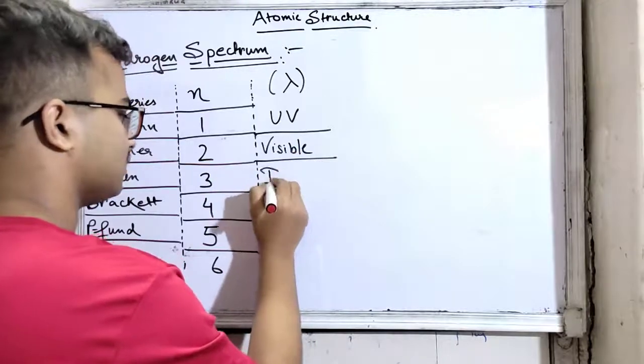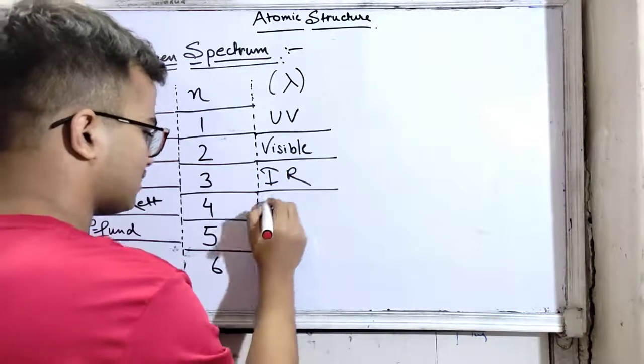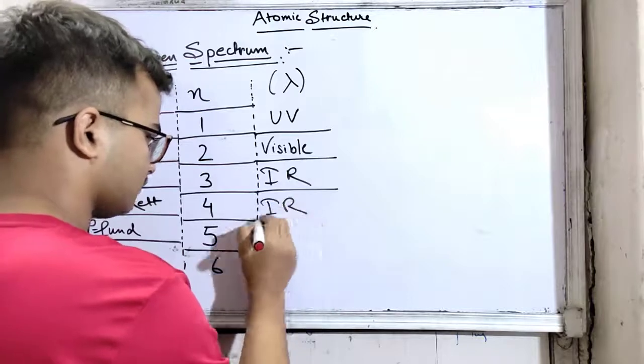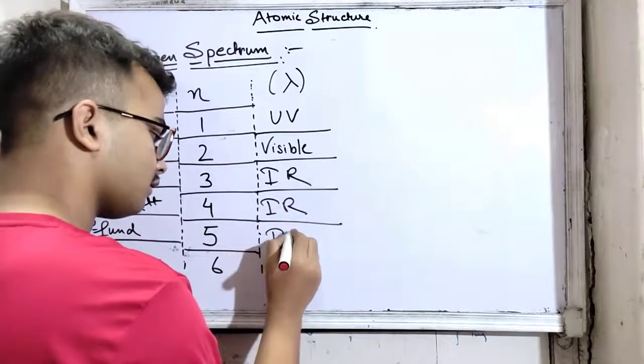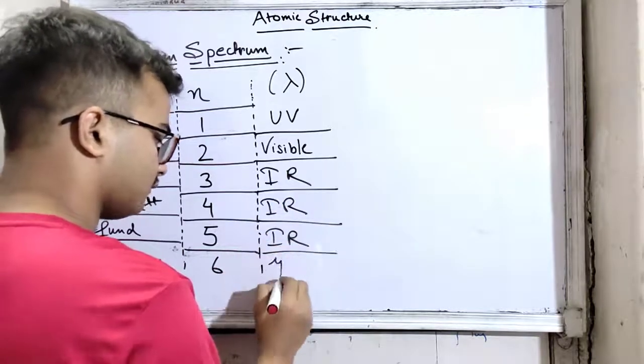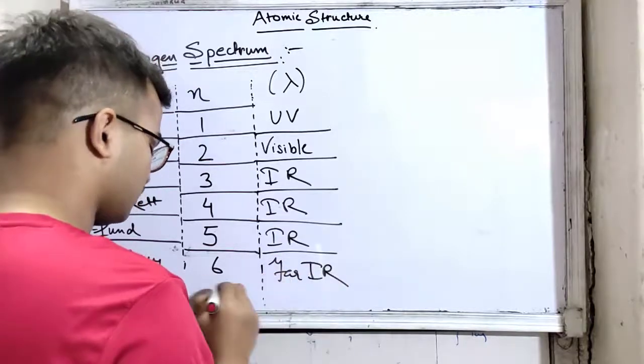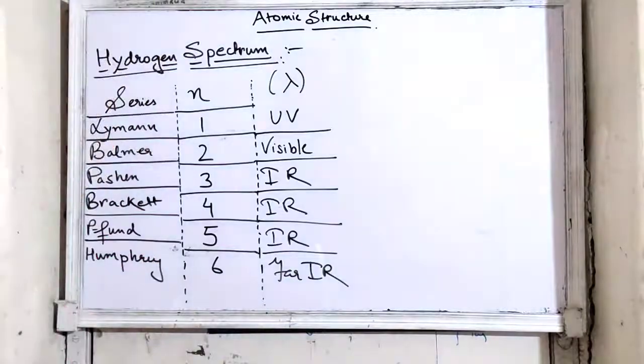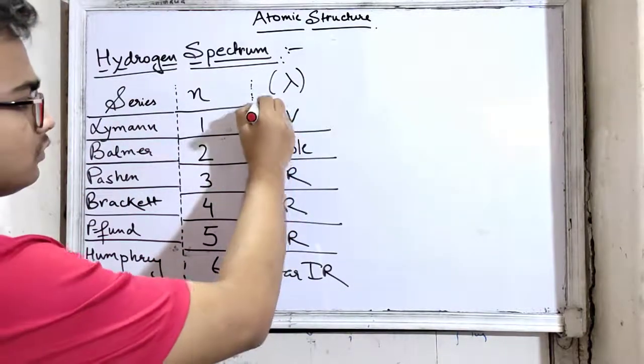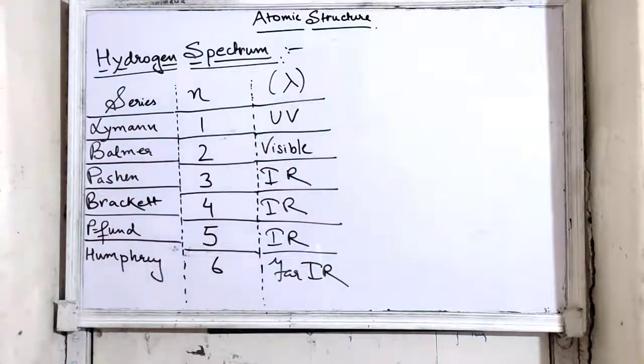This one is IR, this one is IR, this one is also IR, and this is far IR. IR only, but more far. Okay, so copy it up to this much.